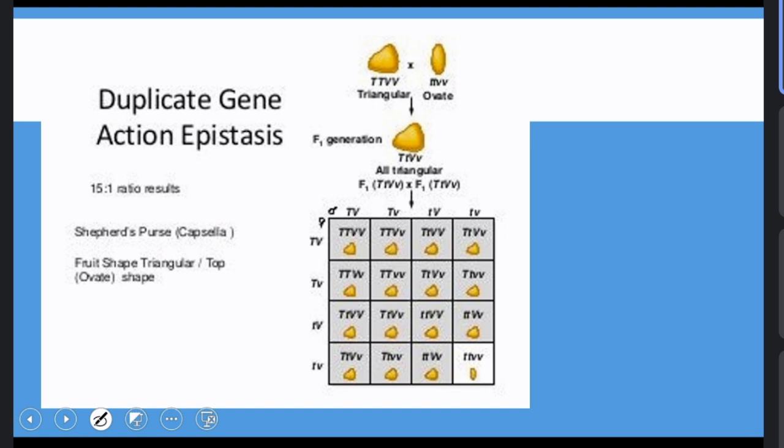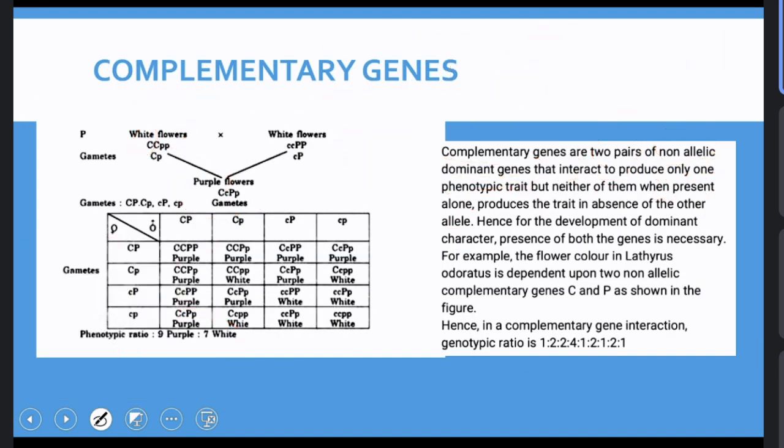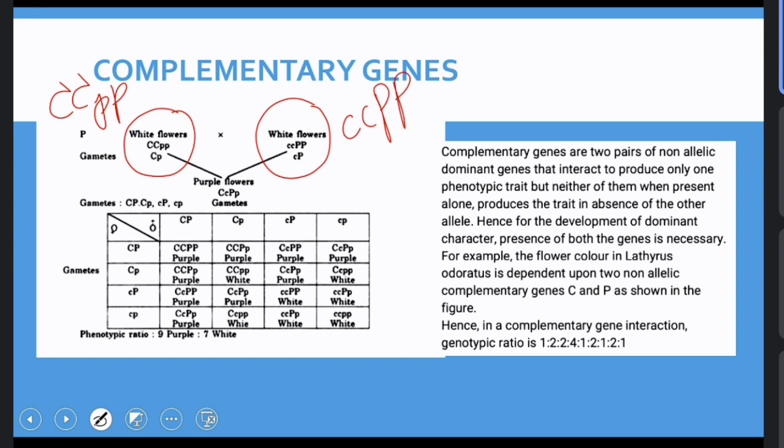Okay. And here, some scientists say that white flowers are there here, and white flowers are there here. In the first case, capital C, small p is there. In the second case, small c, capital P is there.